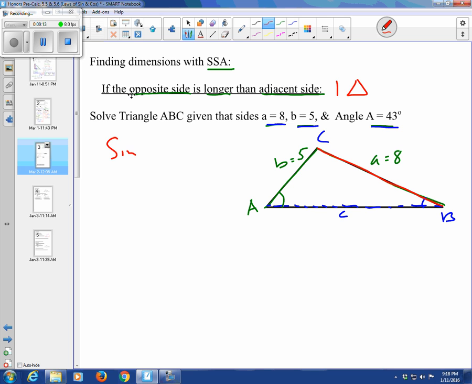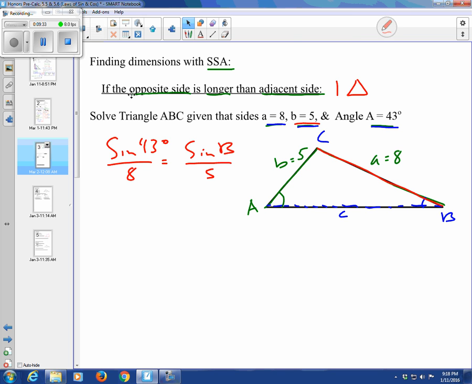So right here, we're going to say that sine of 43 degrees over our side of 8 is going to be equal to the corresponding ratio with the other dimension that we're given. So right here, we're going to be able to say sine of B. We don't have B, but we do have the side B of 5.